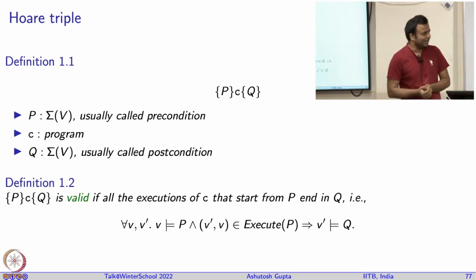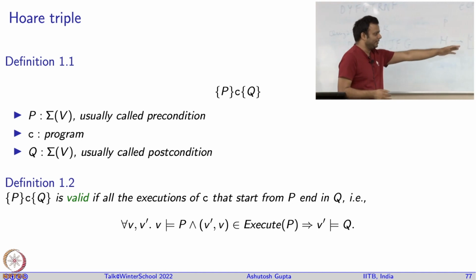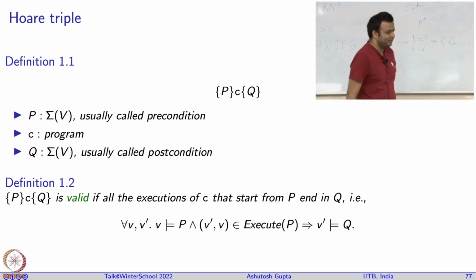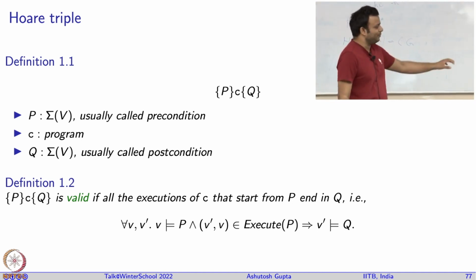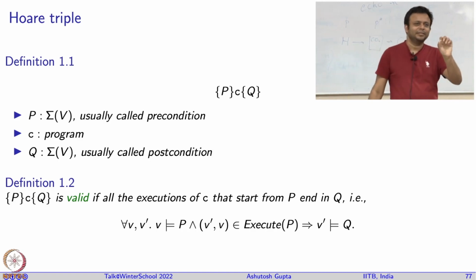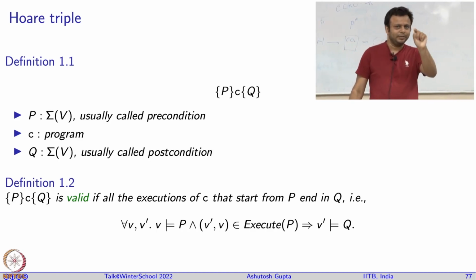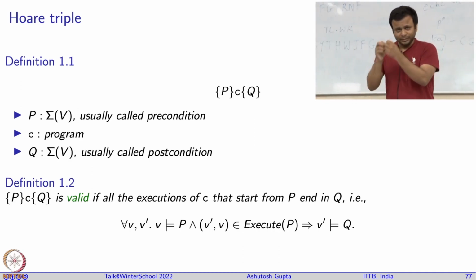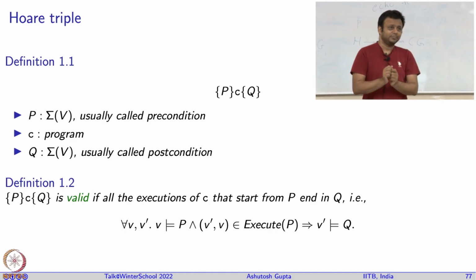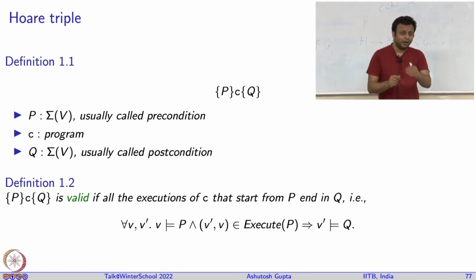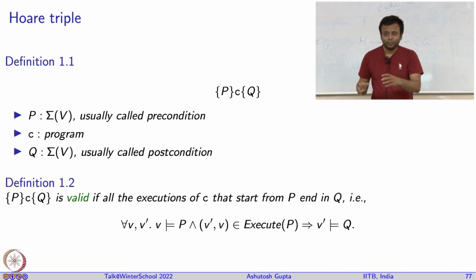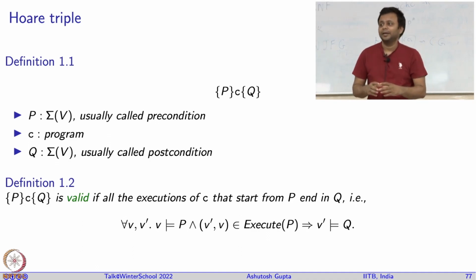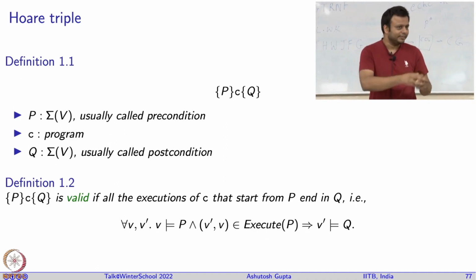There is a lot of mathematical complexity down there if you want to read it, but it is saying that if you start at any state in P, any point inside P, which is a set of states, and execute the program, you are guaranteed to land in Q. You cannot go out of Q. You don't know where you land in Q, but you will land in Q. That's the statement.